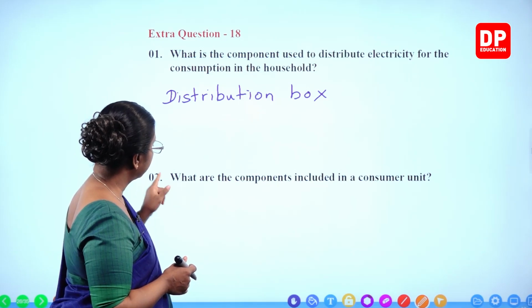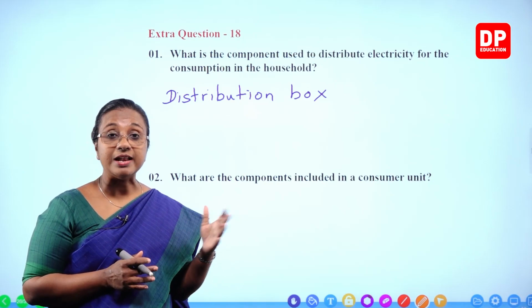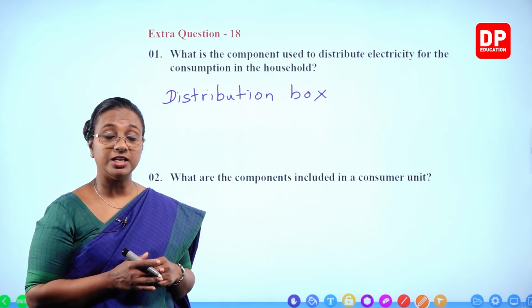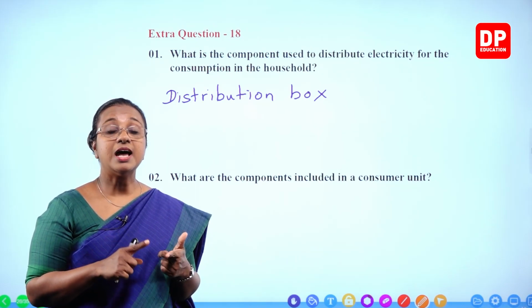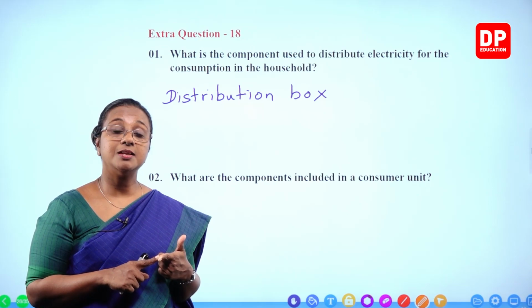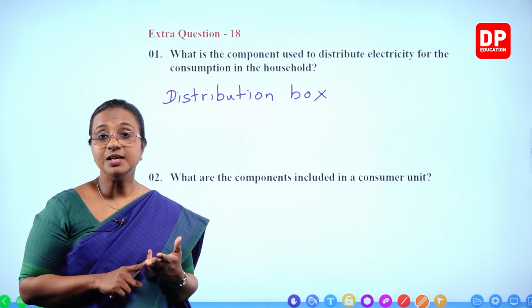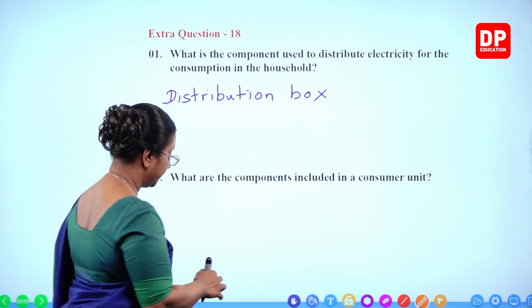Then the second one. What are the components included in a consumer unit? You can remember that also. There are 3 components present in a consumer unit. The isolator, that is the main switch with the main fuse. Then RCCB, residual current circuit breaker or the trip switch. And the distribution box with the MCBs, miniature circuit breakers. So 3 components.